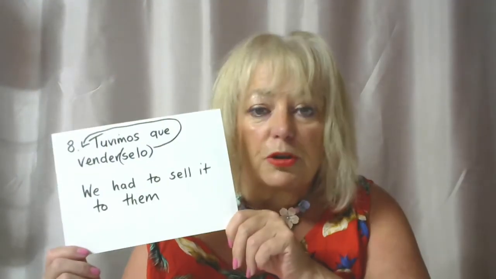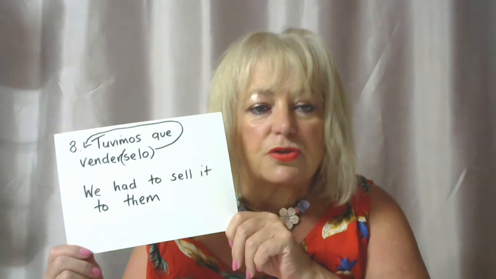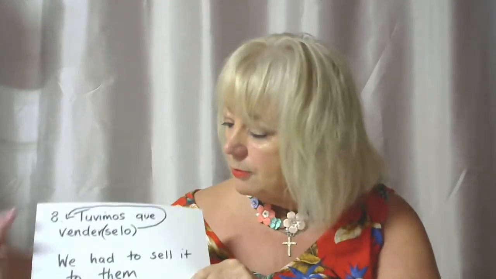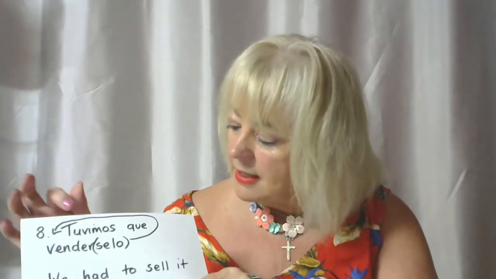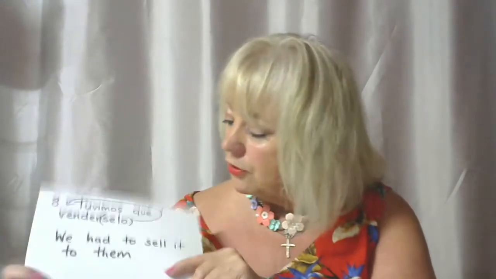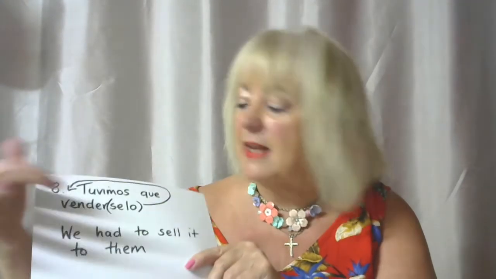Now we've got another one using an infinitive. Tuvimos que vendérselo. Or, because we've got a conjugated verb with tuvimos, we could also say se lo tuvimos que vender. So again, not both, you have to choose one or the other. Also, it can't go in the middle, so you can't say tuvimos que se lo vendimos.